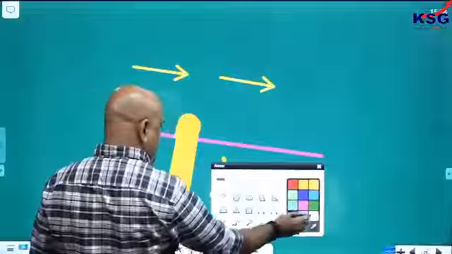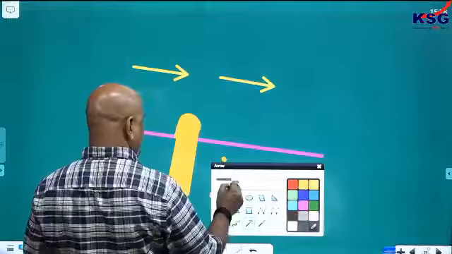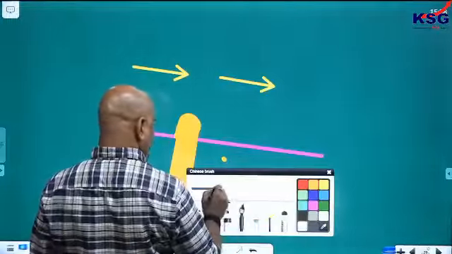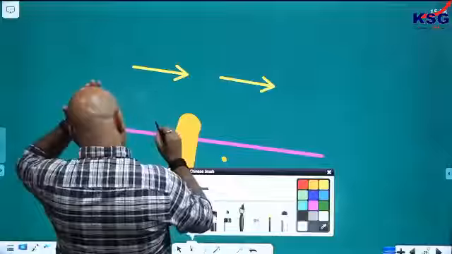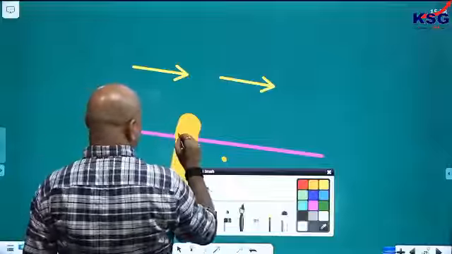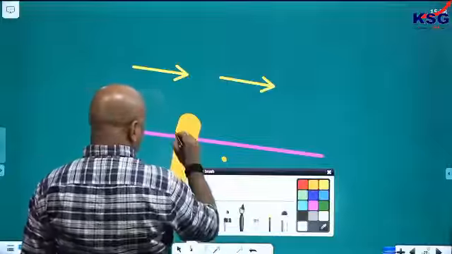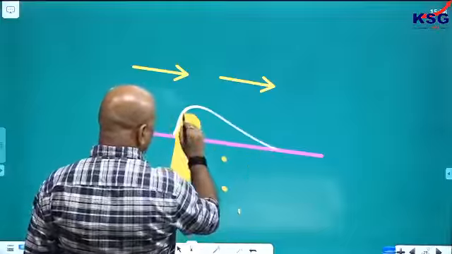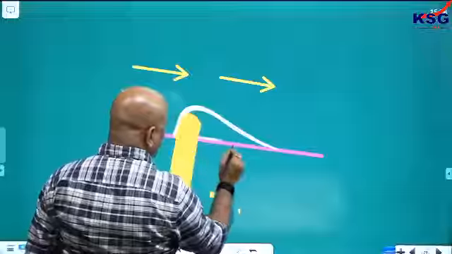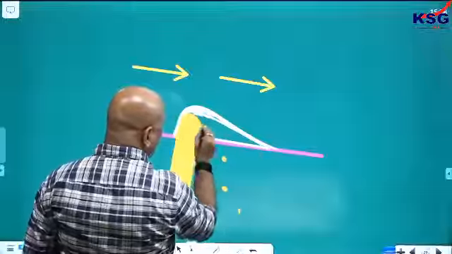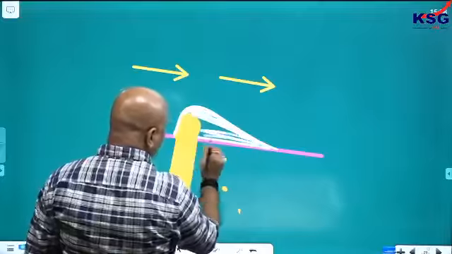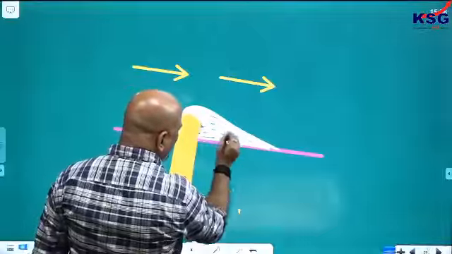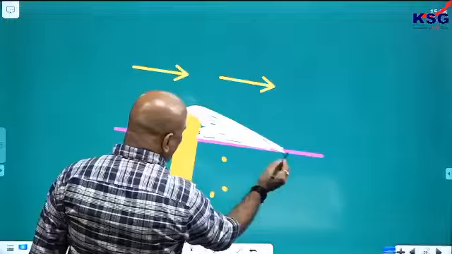Then this glacier rides over this particular part, and on this side you have a comparatively gentler profile.